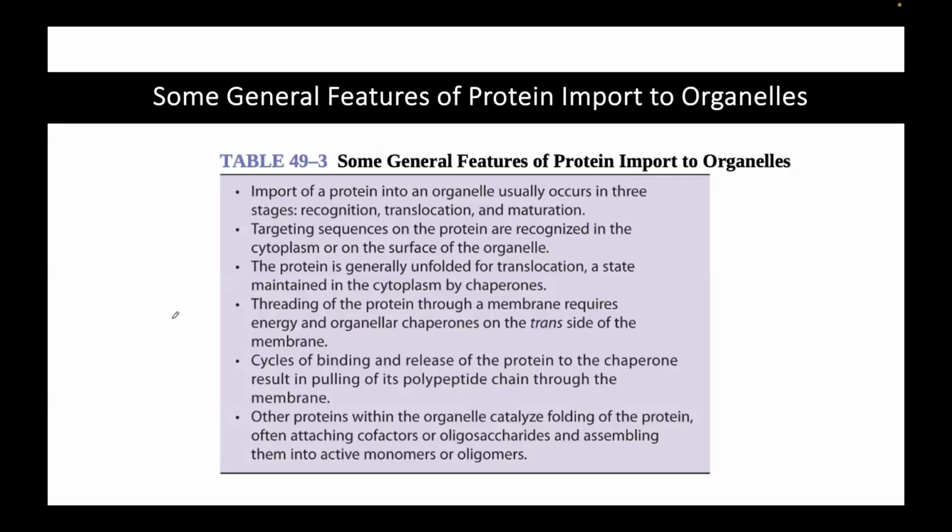So here, some general features of protein import, yung pag-import ng protein to the organelle. I'm giving you this assignment to go over this table. Just read through it. You don't have to go crazy memorizing it.